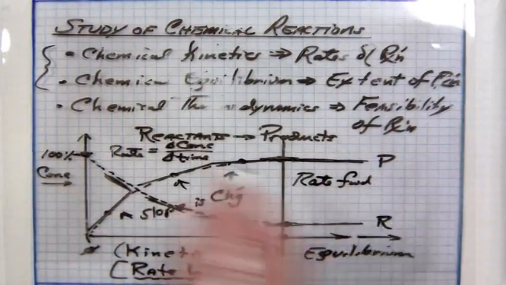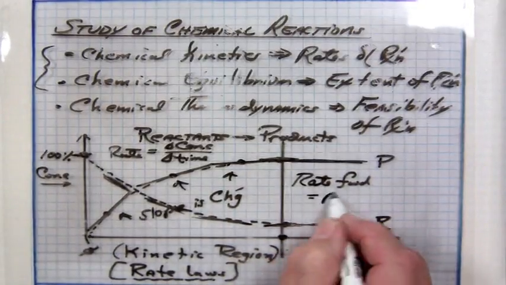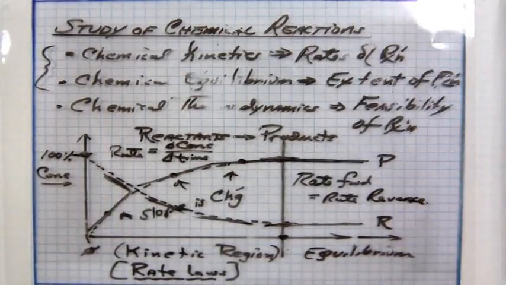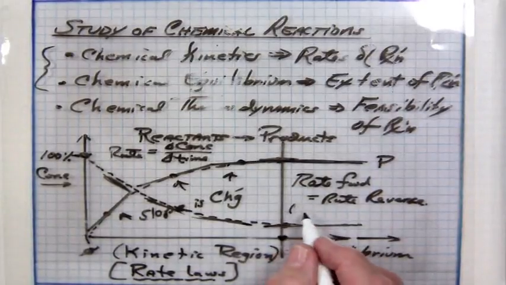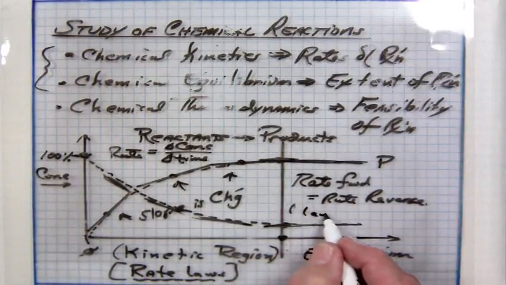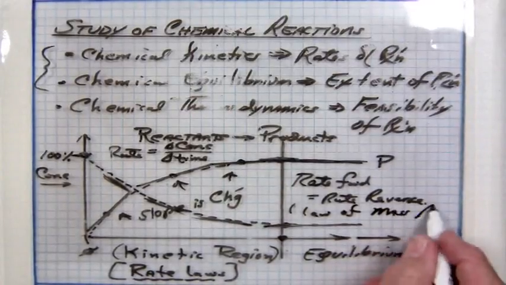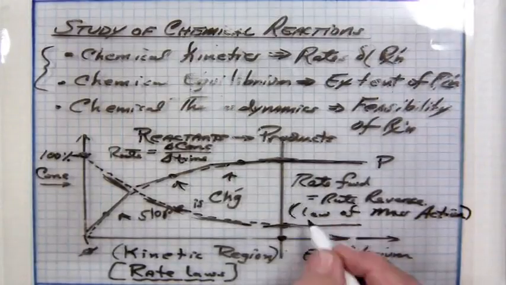Some reactions, say reaction number 1 goes to products, have a small extent of reaction. That means very low product concentration is produced.